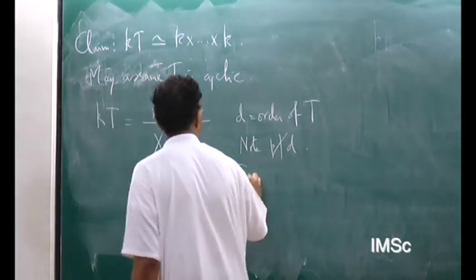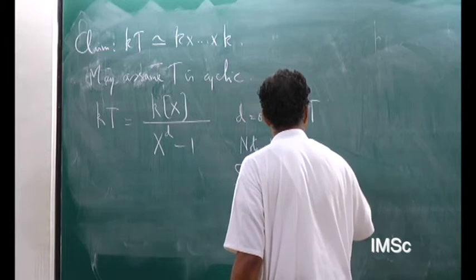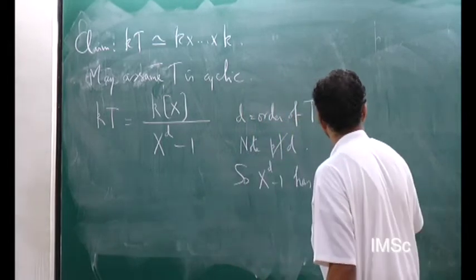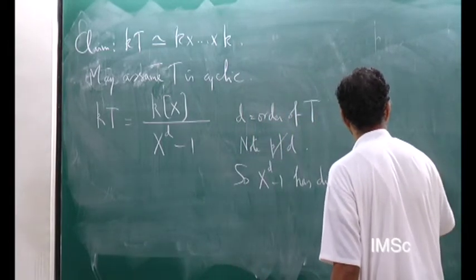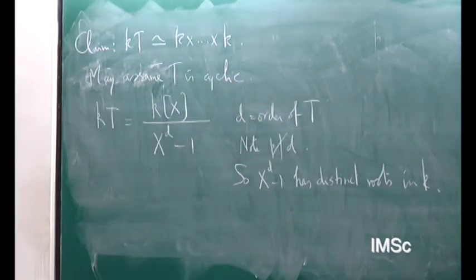So X^D minus 1 has distinct roots in K. K equals K bar, so it has all the roots there. I mean, in any case, over the algebraic closure, it has distinct roots. So it's a product of fields.